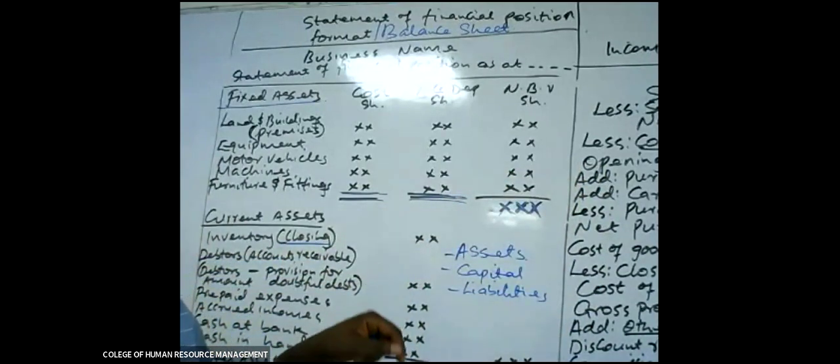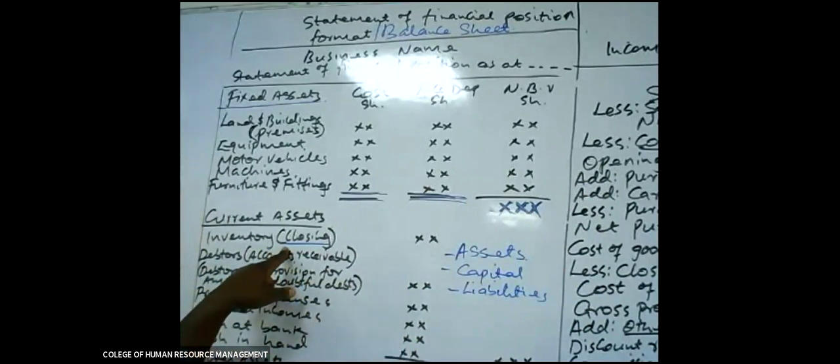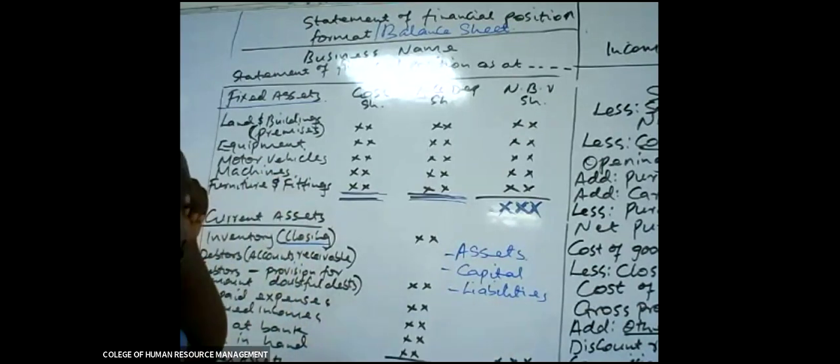So because we are preparing to determine the value at the end of the financial year, what is in the business at the end of the financial year is the closing inventory, not the opening. The opening, it was the inventory at the start of the year. So what is still in the business at the end of the year is the closing inventory, and that is what will be our current asset.